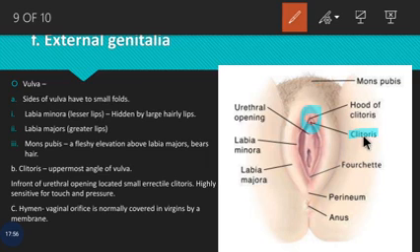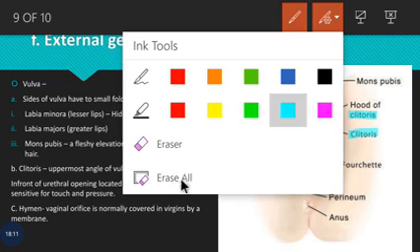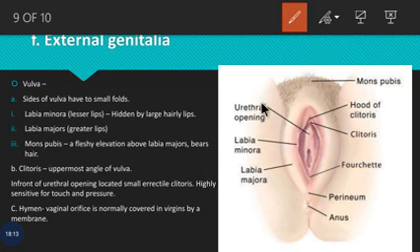And this clitoris is hooded, or covered, by the hood of the clitoris. We can see it is present here, okay? And it is present just in the uppermost region of the urethral opening, okay? We can see here is the urethral opening, and the clitoris is just above this urethral opening.